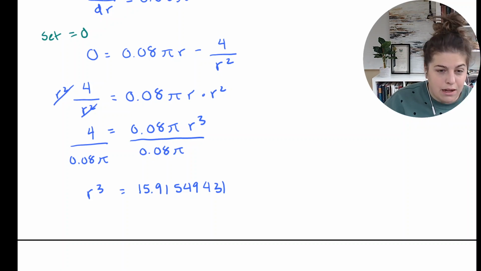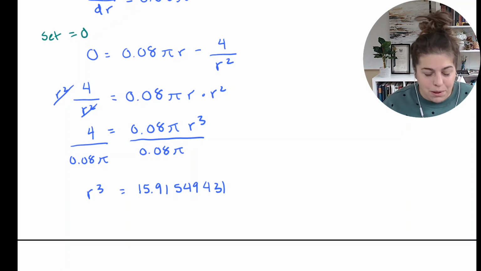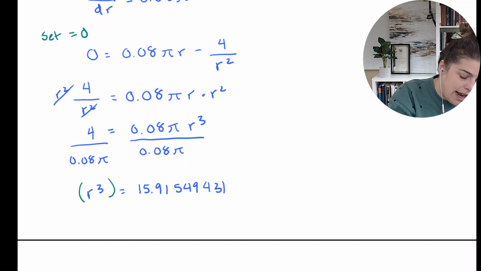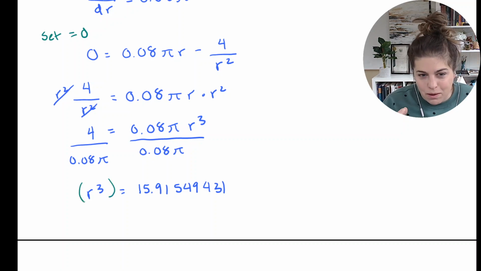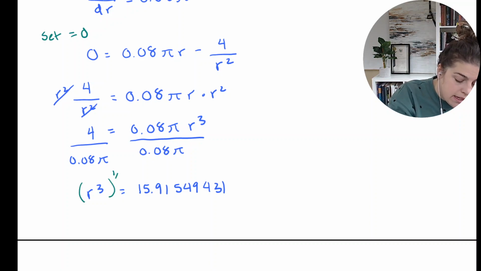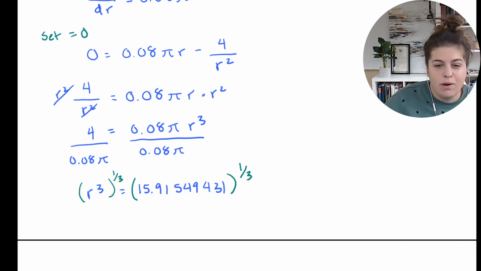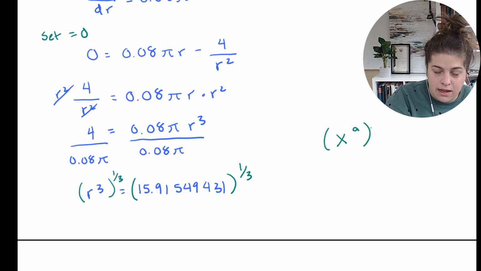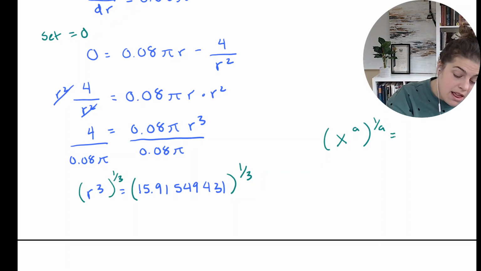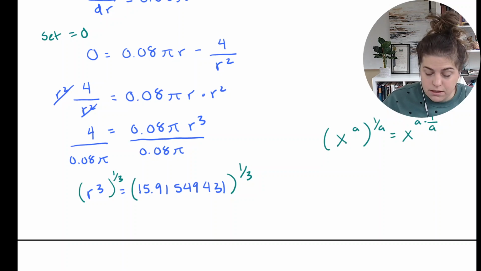Now, to get rid of the cubed, we take the cube root. I just want you to recognize, because it happens to be a cube, maybe it was like a 3.84 or something weird. We're always just raising both sides to 1 over whatever that exponent is to get rid of it, right? Because if I have x to the a, to the exponent 1 over a, we end up multiplying our exponents, right?